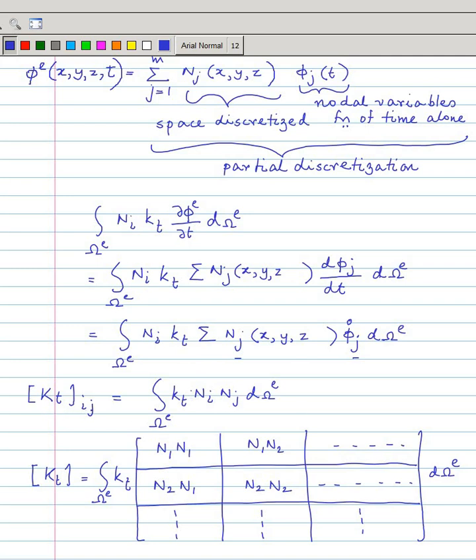So the ijth term, that is ith row jth column term, is kt ni nj d omega e. I take i equal to 1, the first row, then j varies, take i equal to 2, then j varies, take i equal to 3, j varies. So this is the matrix kt.